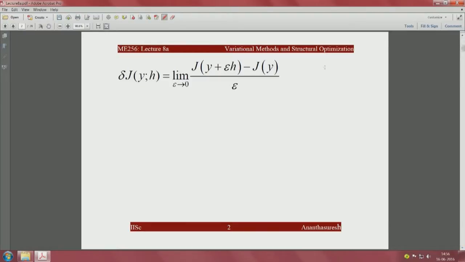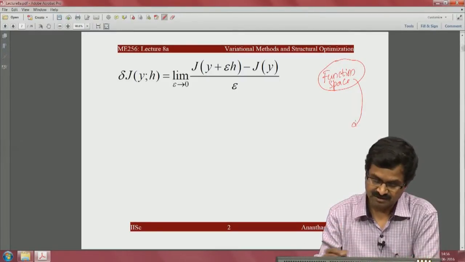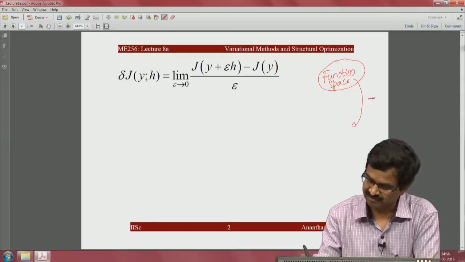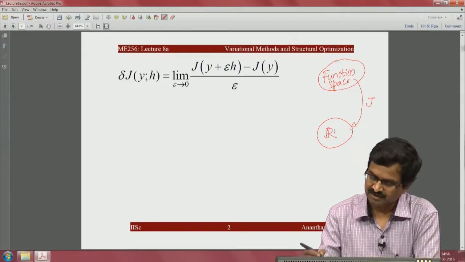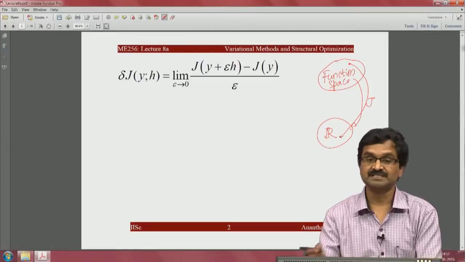So, we have this functional, and we have the function space, meaning there are a lot of functions in it, that is going to be mapped by this functional j to a real number space R. If I take any function here, there will be a mapping to a real number, that is what j does.